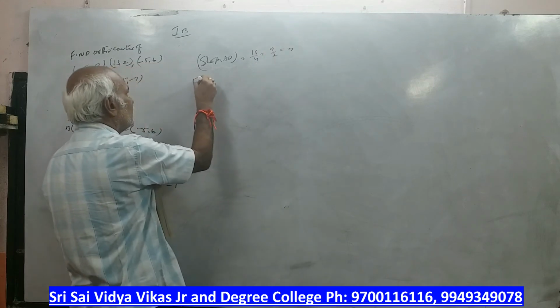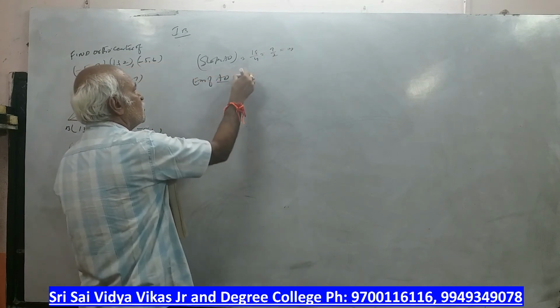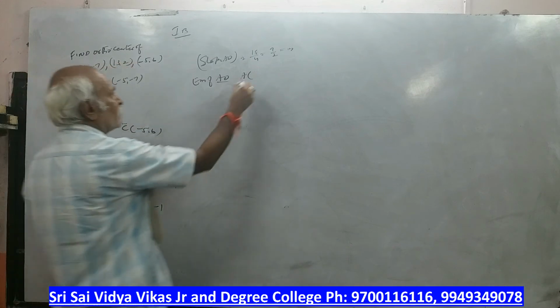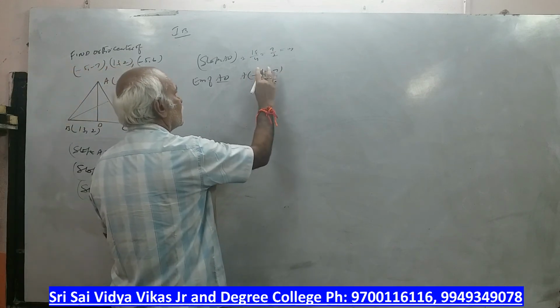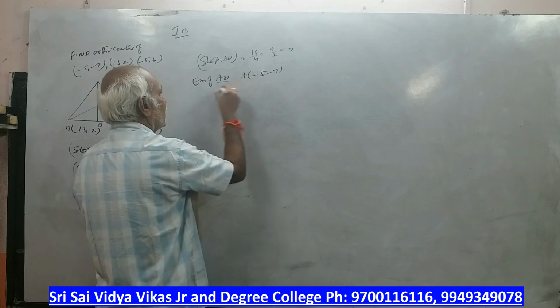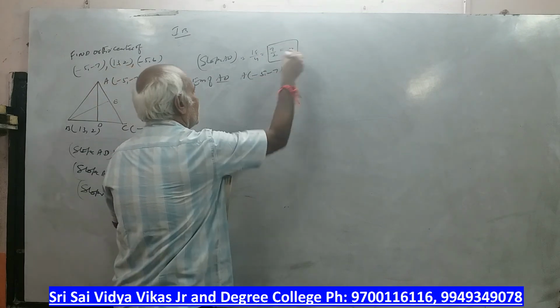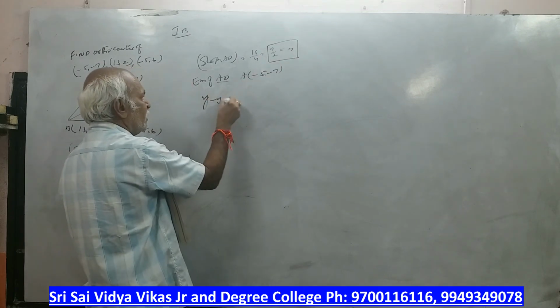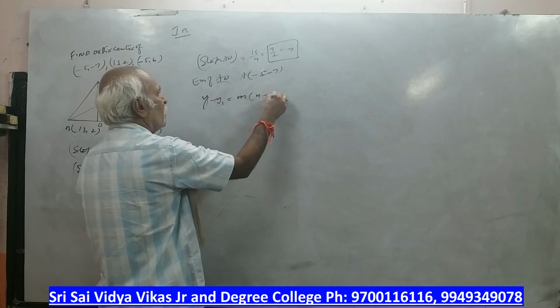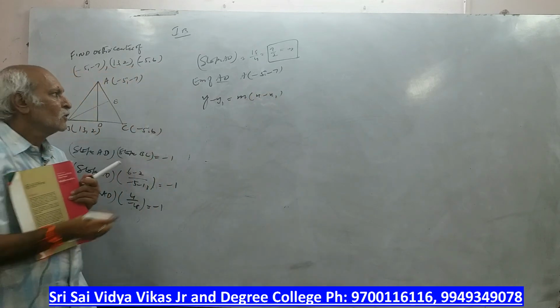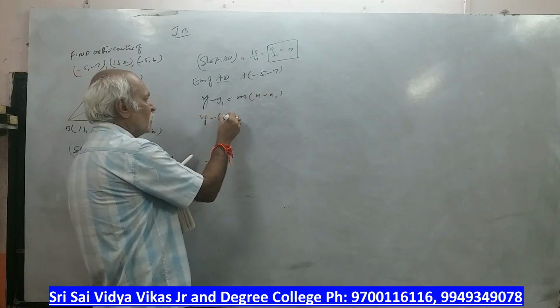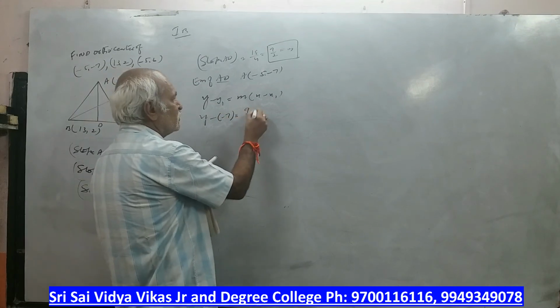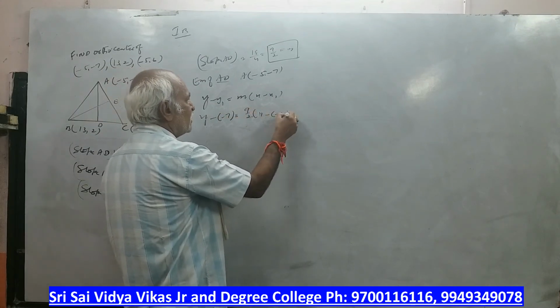Now, equation of AD. What is the A point? Minus 5 comma minus 7, and what is the m value we got? 9 by 2. So formula: y minus y1 is equal to m into x minus x1. So y minus y1 is equal to 9 by 2 into x minus of minus 5.